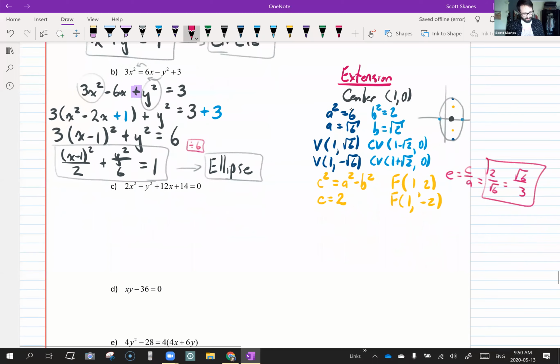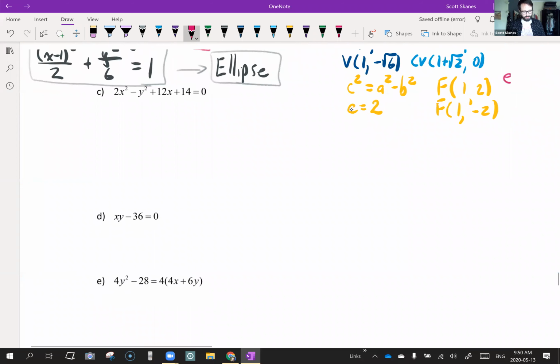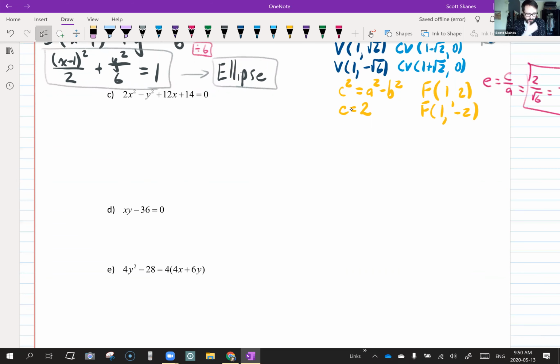Let's see. This, what kind of shape is it? Do you want to give it a try? See if you can figure it out? I can see right away, just from the very first 2 terms, I know what shape it is. Try again.